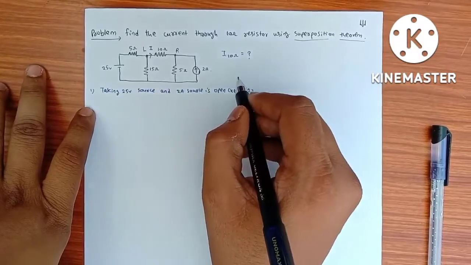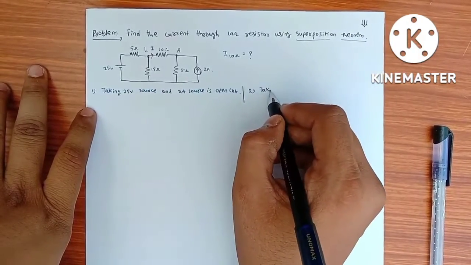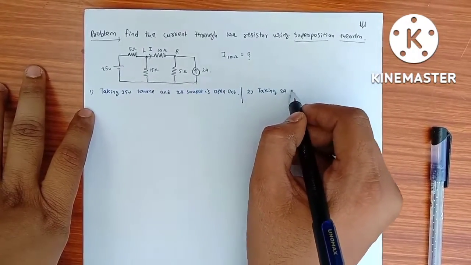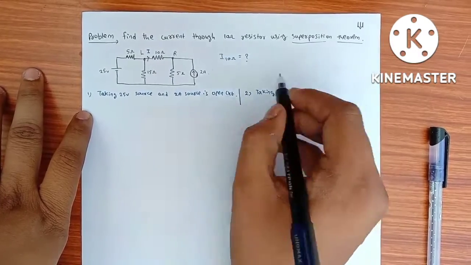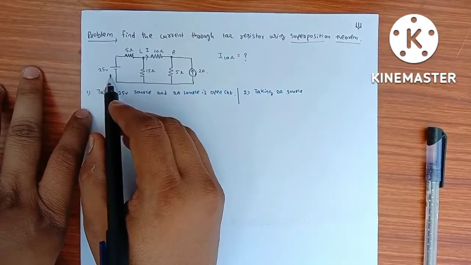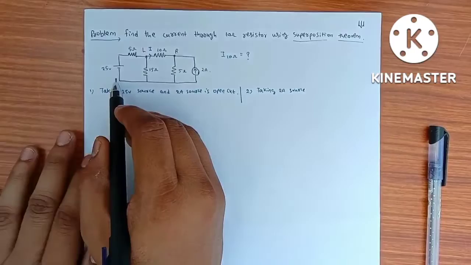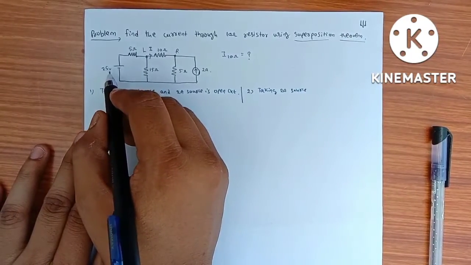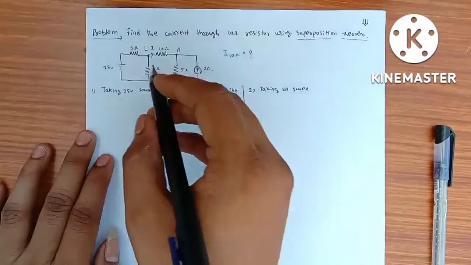Again, taking the 2 amp source and replacing the 25 volts with its internal resistance, nothing but we are short circuiting this 25 volts source.